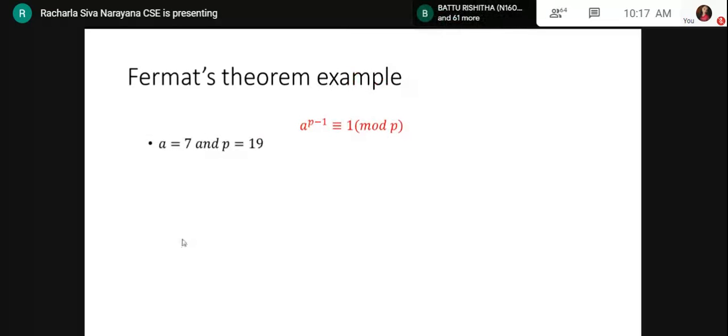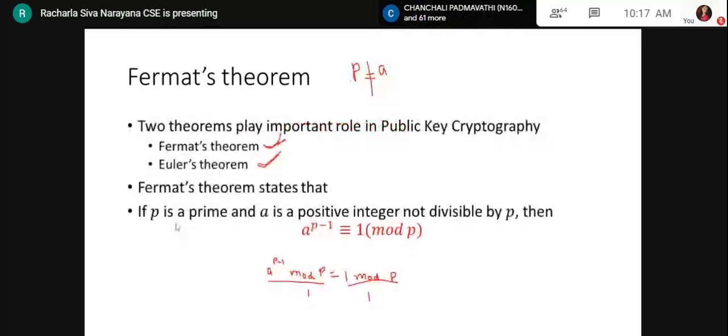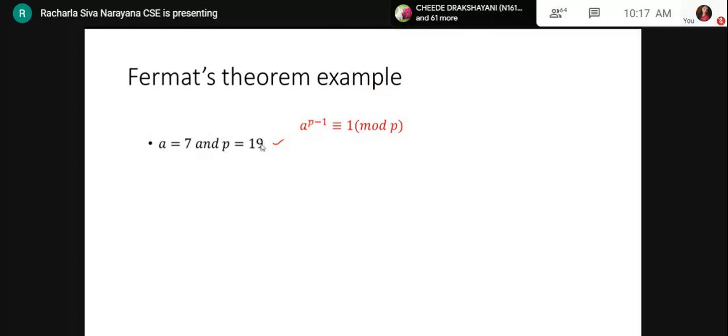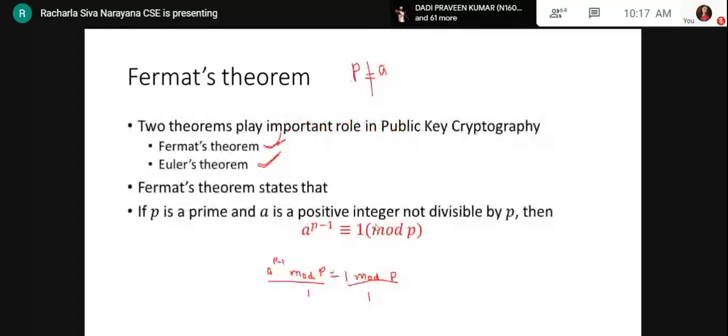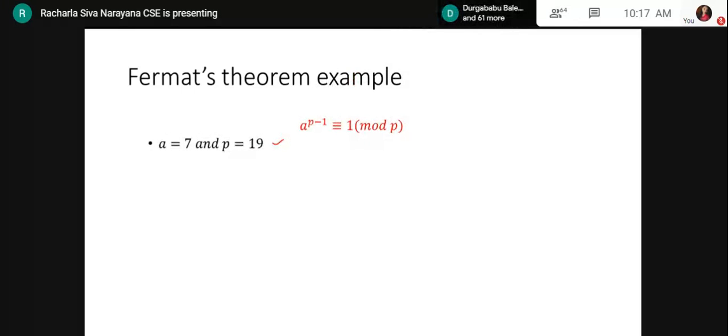So take an example for Fermat's theorem. Here 7 is not divisible by 19, so the remainder is 7 when 7 is divided by 19. In the theorem statement, P is prime: 19 is prime, and A is a positive integer: 7 is a positive integer, not divisible by P. Then this theorem is true.